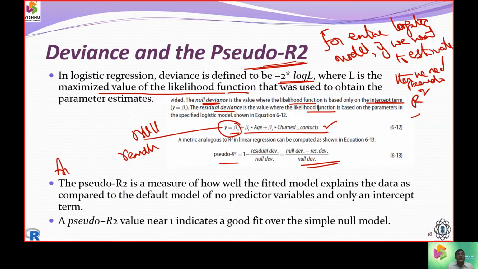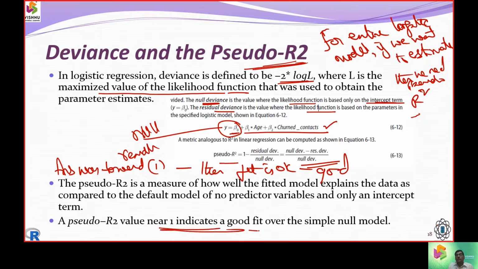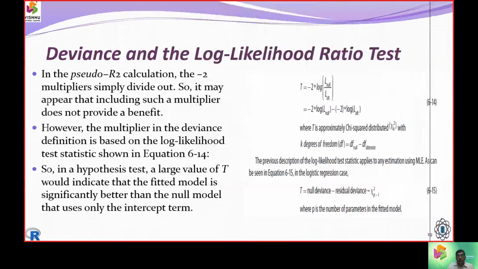If the answer is towards 1, then the fit is good. If it is nearer to 1, there is a good fit. But if it is nearer to 0, then you need to reiterate the model and check other variables to apply to the model. We can't make any predictions in that case.